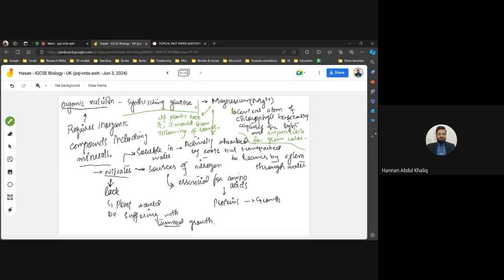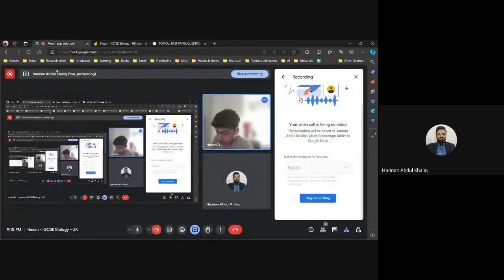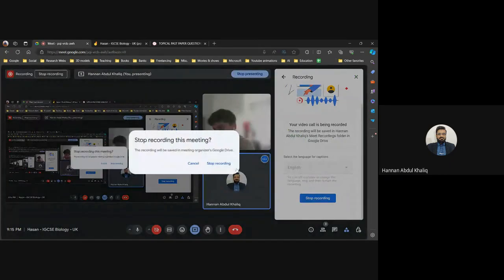It would show yellowing of leaves if it is in lesser amount in plants. Everything clear? Yes. It's very good. So basically, this is the nutrition.